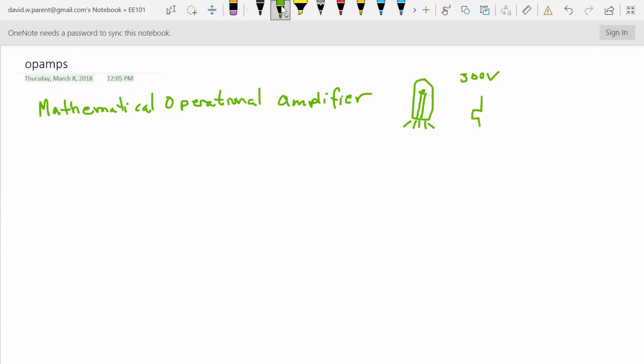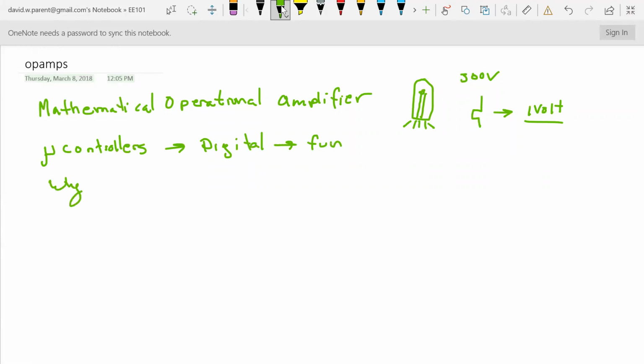Now they're based on transistors, and maybe we can get 1 volt. In this day and age of microcontrollers, which are digital and can be really fun because you can do so much, people might say, why teach op amps?